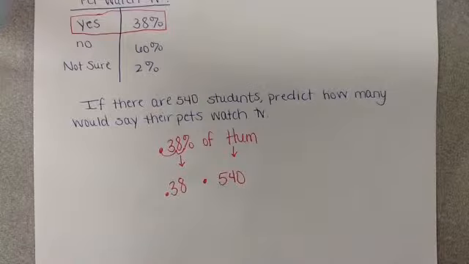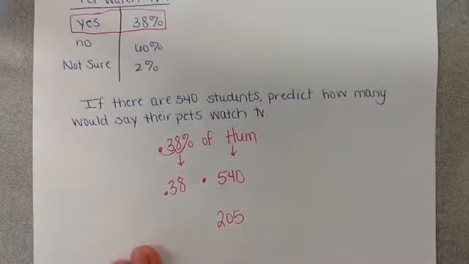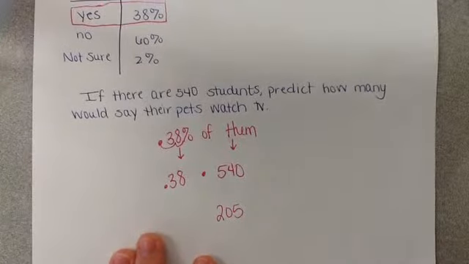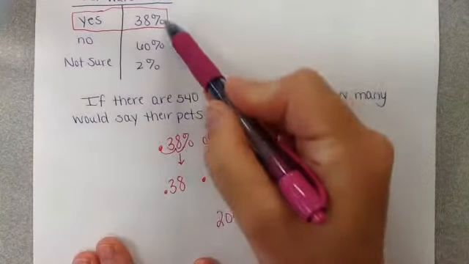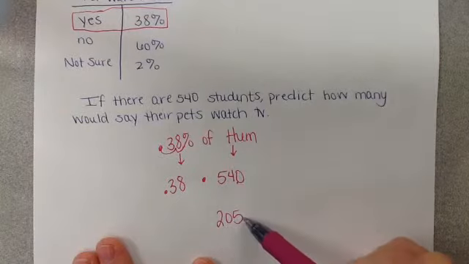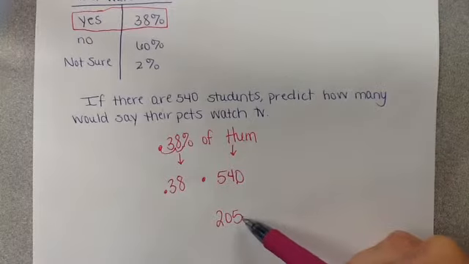What did you get for your answer? About 205. About 205 of those students would say that their pets watch TV. Use this data to make a prediction for our new group. It might not be 100% accurate, but we are using it to make a prediction.